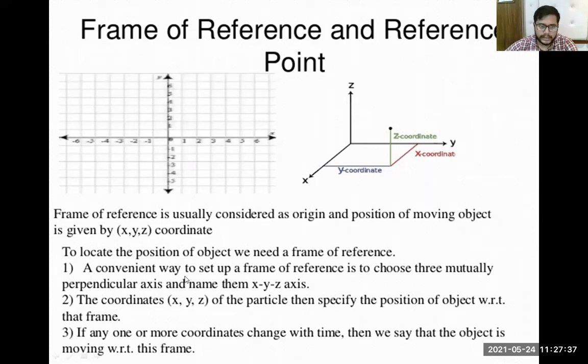A convenient way to set up a frame of reference is to choose three mutually perpendicular axes, namely the X, Y, Z axes, and the coordinates X, Y, and Z of the particle specify the position of the object with respect to that frame. If any one or more coordinates change with time, we can say the object is moving with respect to this frame. So we first have to specify this reference frame.